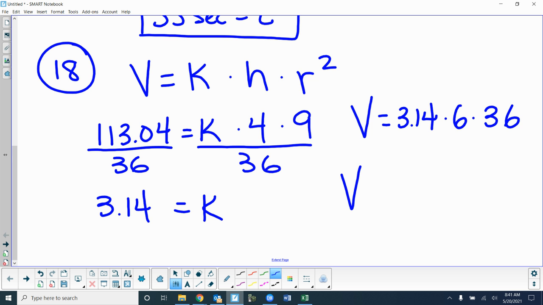Okay, and then you just multiply all those together, and what did I get? 678.24. That's cubic centimeters, volumes in cubic units, right?